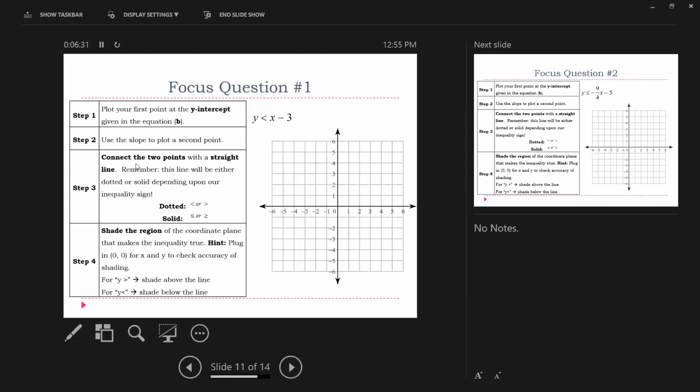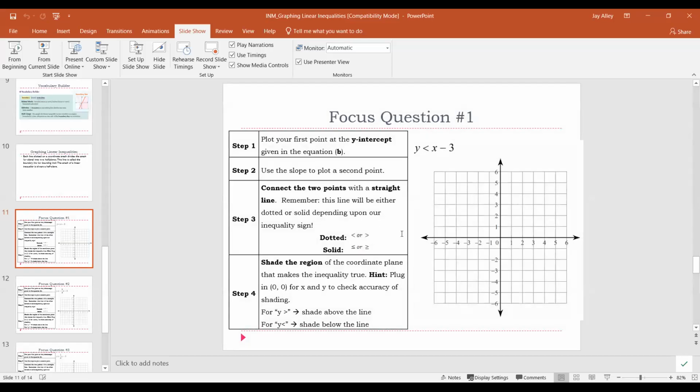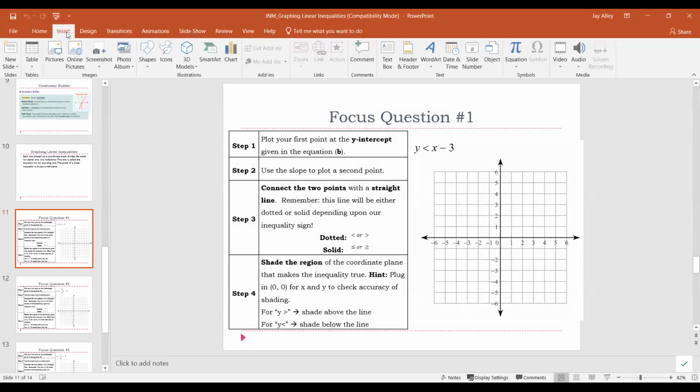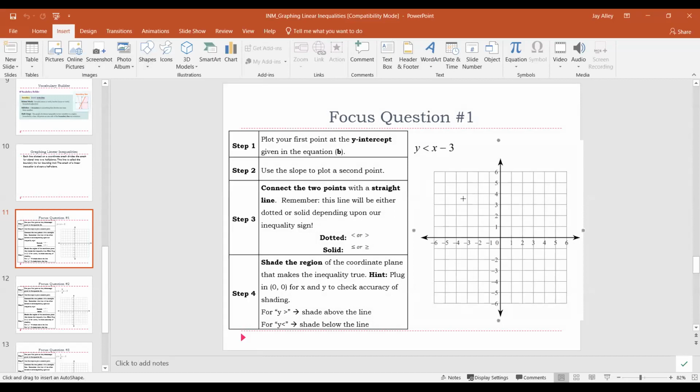Questions, anybody? So y less than x minus 3. Dashed line or solid line? Yeah, good. Right. x minus 3.